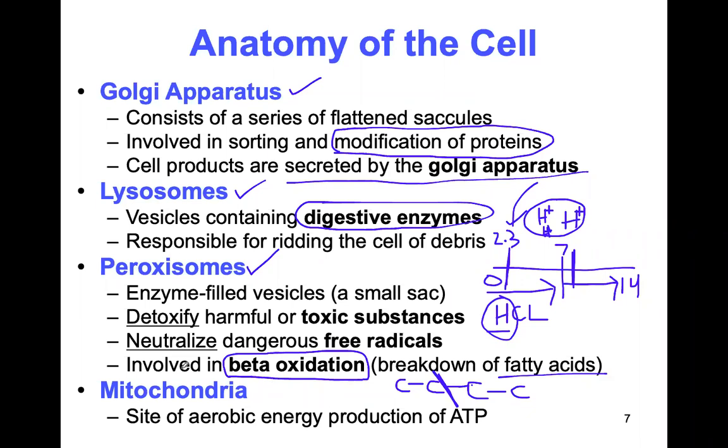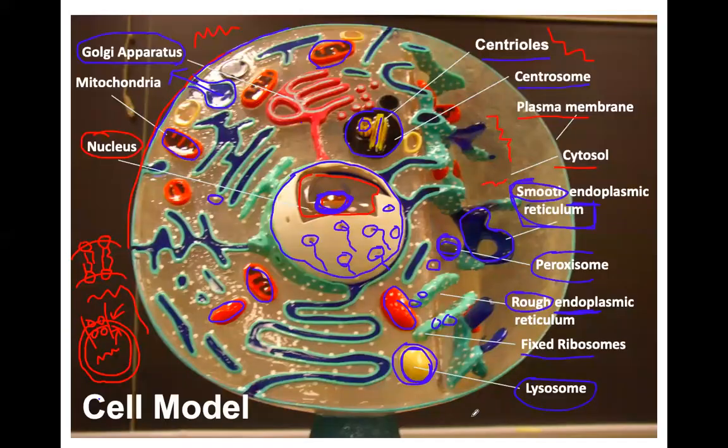Okay. And the last organelle is the mitochondria. And this is the site of energy production. The energy source within the body, or the energy currency of the body, is called ATP. And ATP stands for adenosine triphosphate.